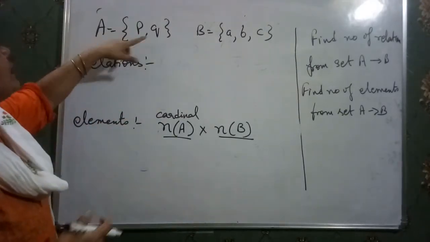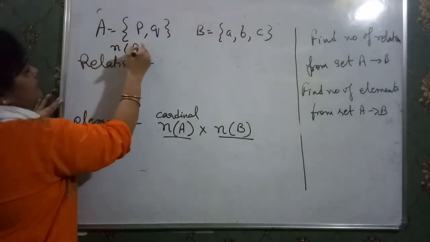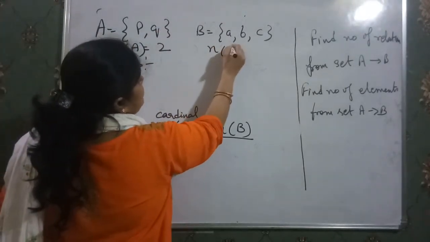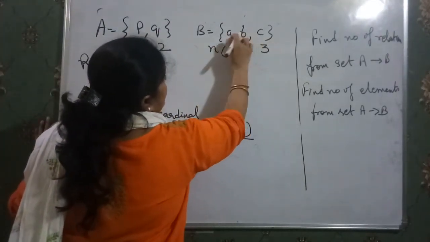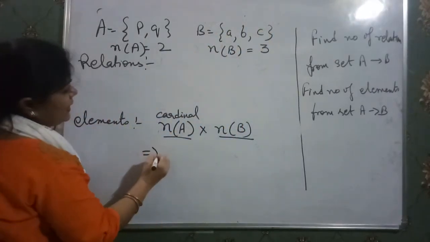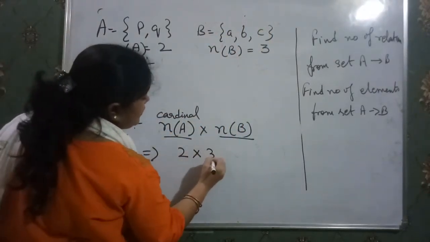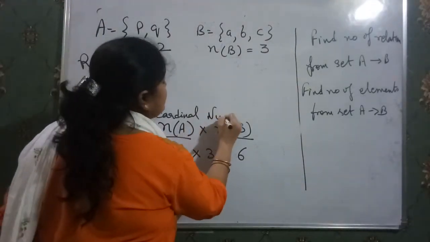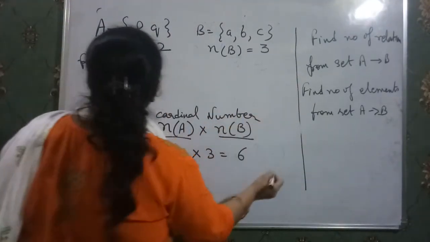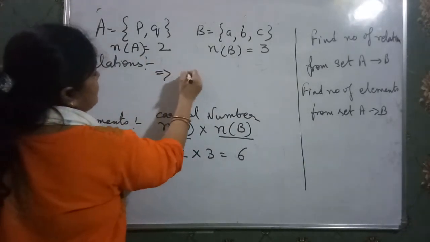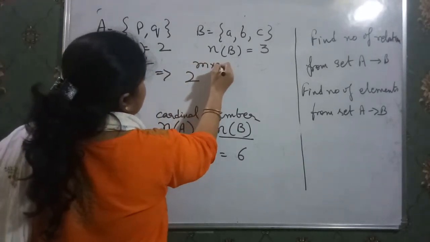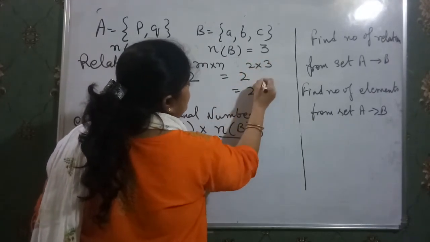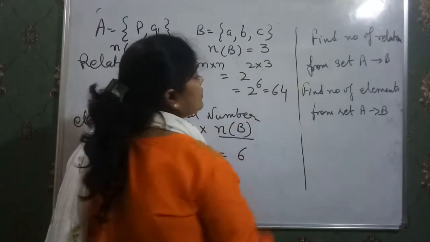Here the cardinal number of set A is 2, and the cardinal number of B is 3. So the number of elements is 2 into 3, which is equal to 6. So this is known as the cardinal number. Now for the number of relations, we have the formula 2 to the power m into n, which is equal to 2 to the power 2 into 3, which is equal to 2 to the power 6, that is 64.